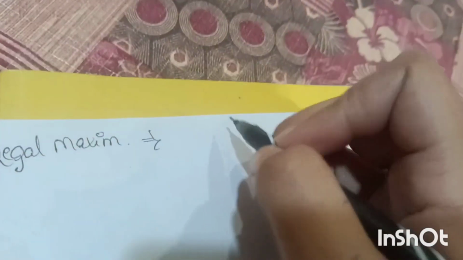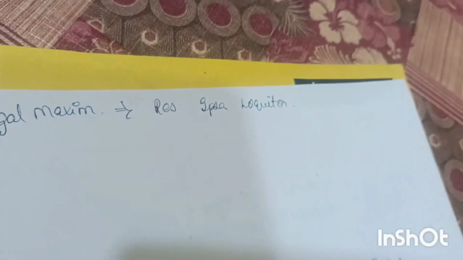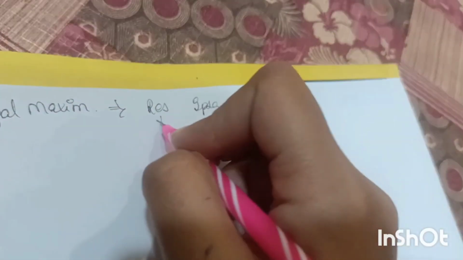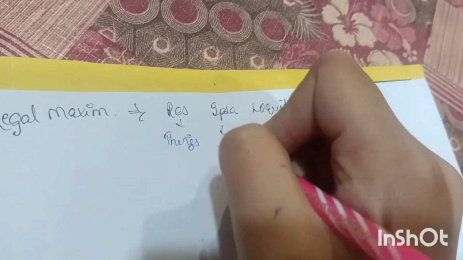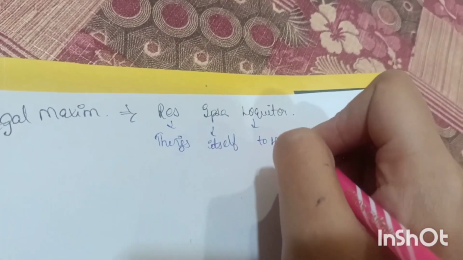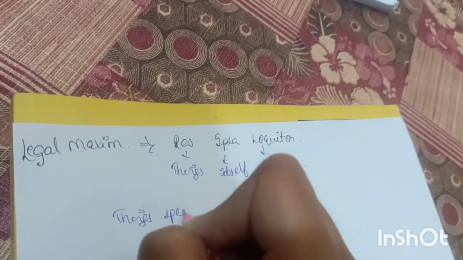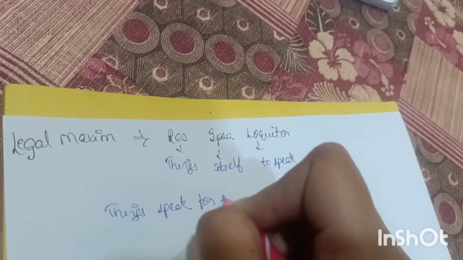In this case there is one legal maxim, that is res ipsa loquitur. What this means is that res means things, ipsa means itself, and loquitur means to speak. So you can say, the thing speaks for itself.